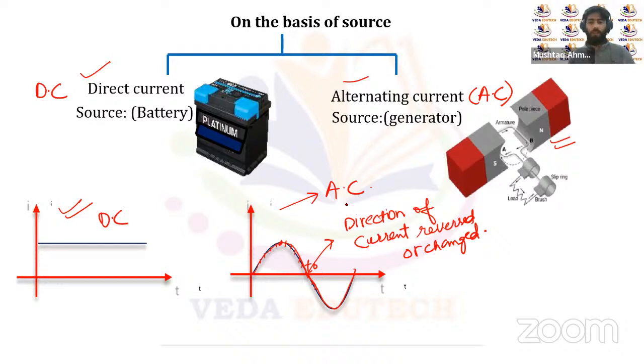So this is the basic difference between DC and AC current. In case of DC current there is no change in the direction of the current, but in case of AC current the direction of current changes after some time. We see this AC current in AC generators, and we'll be studying the AC generator in alternating currents. So this was the basic difference between the DC and the AC.